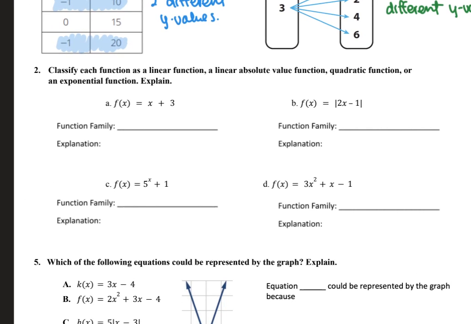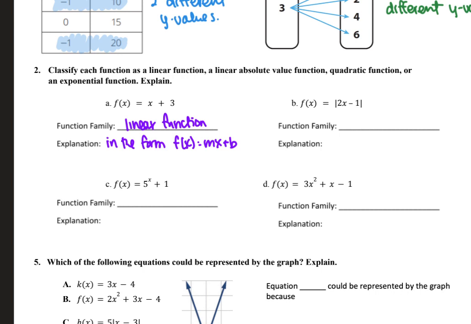All right. Number 2, we're classifying each function as each of the function families, and we're going to explain. Looking at part A, it says f of x equals x plus 3. That's going to be a linear function. Our explanation could be that it's in the form f of x equals mx plus b.